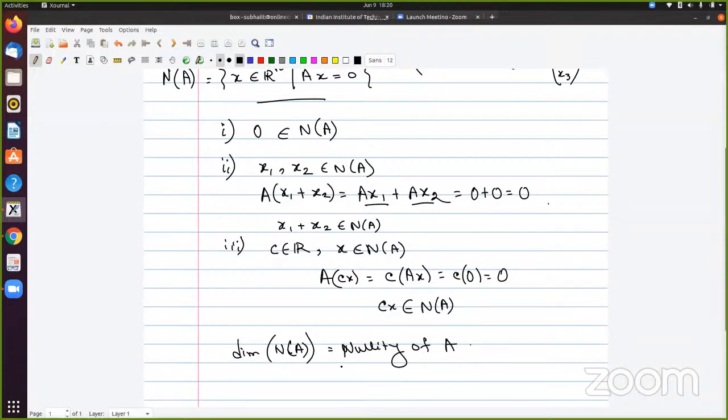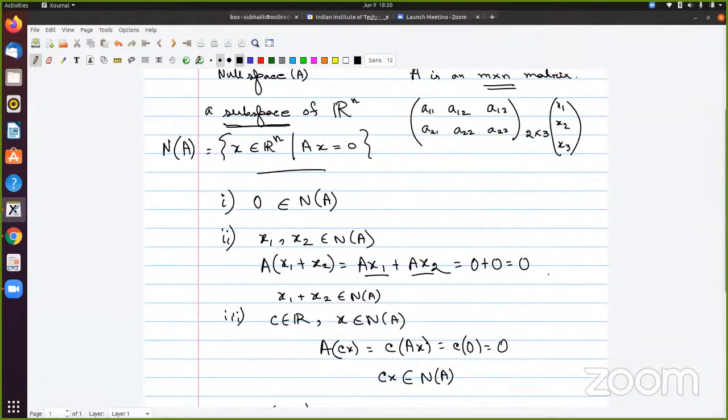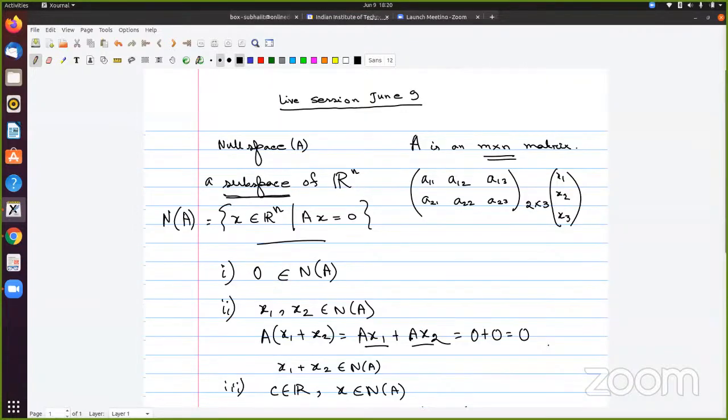So when we are talking about the nullity of a matrix, we are thinking of some vector space in Rn. Suppose the matrix is m cross n, that depends on the value of n. So it is a subspace of that Rn such that it satisfies Ax equal to 0. And as we have already checked it is a subspace, the dimension of the subspace is basically the nullity of the matrix.